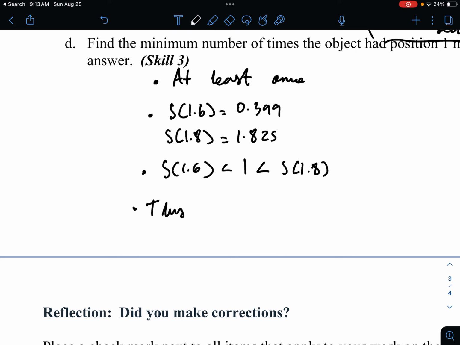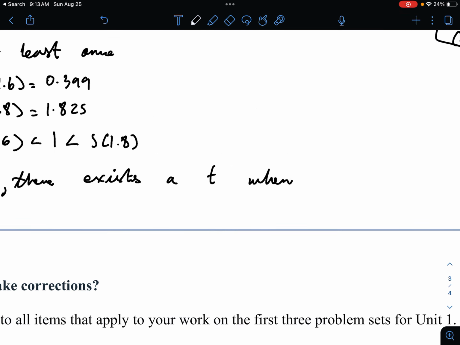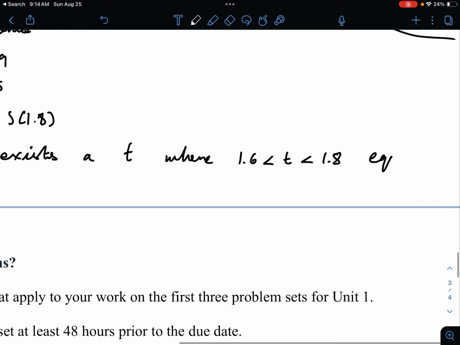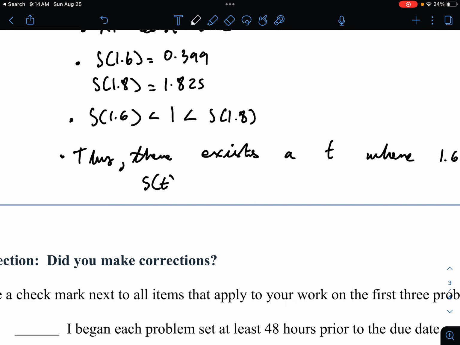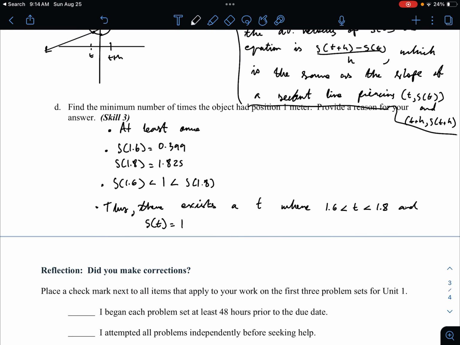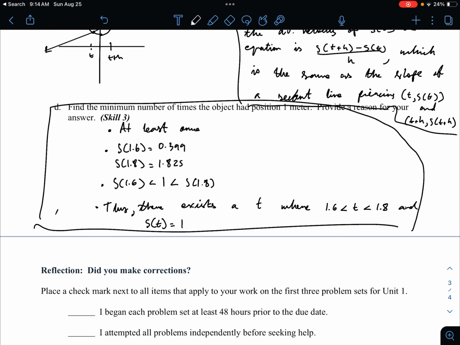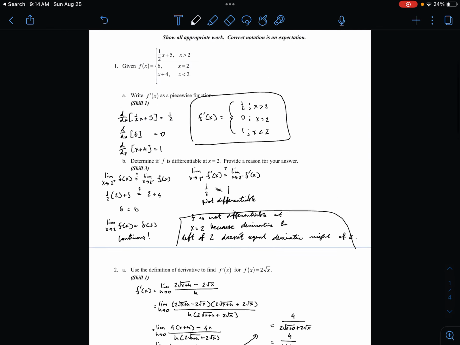Thus, there exists a t between 1.6 and 1.8 where s of t equals 1. I'll say it like that. There, cool. This is IVT, intermediate value theorem. So that's it. Thank you.